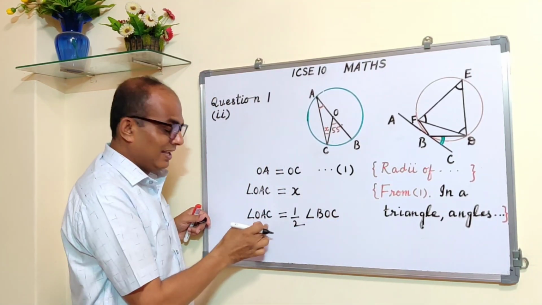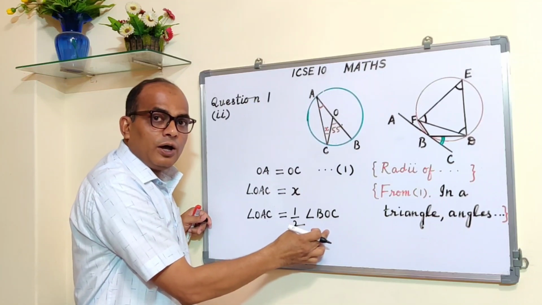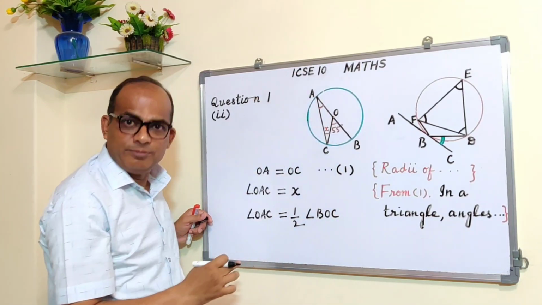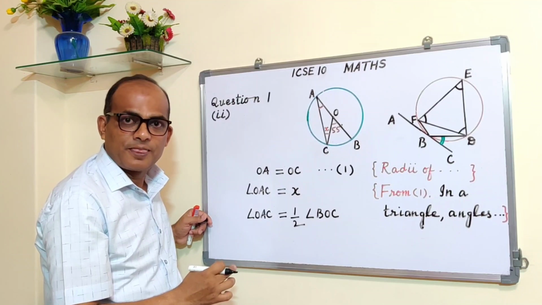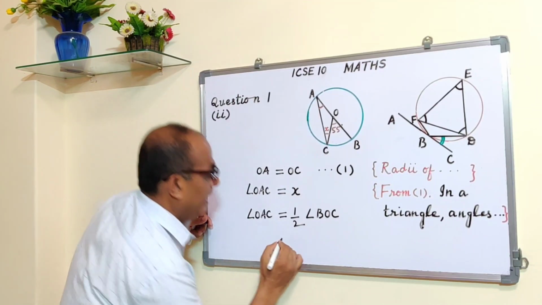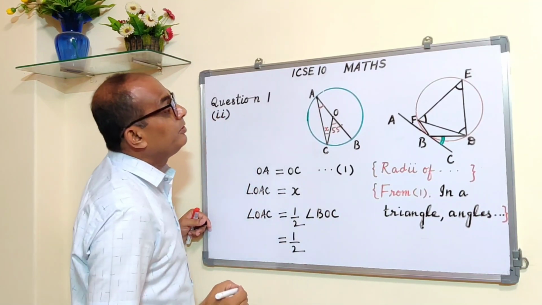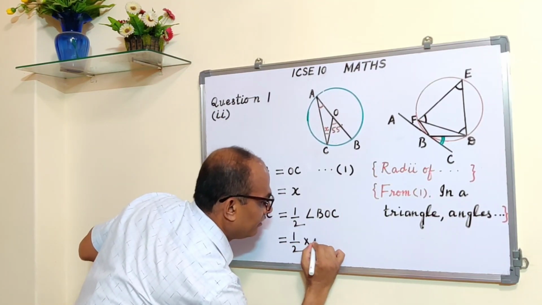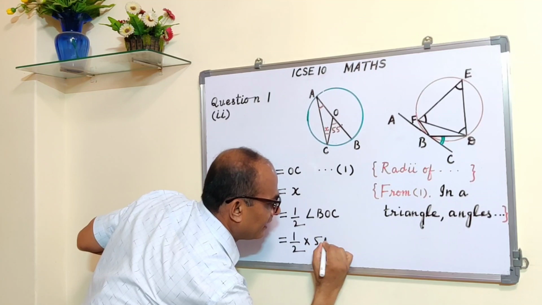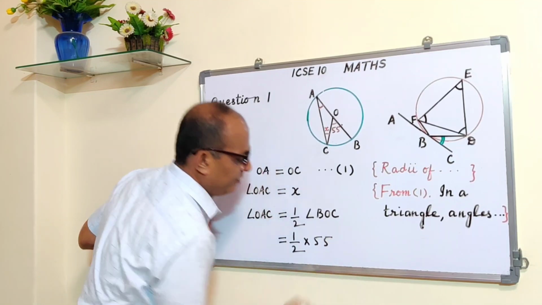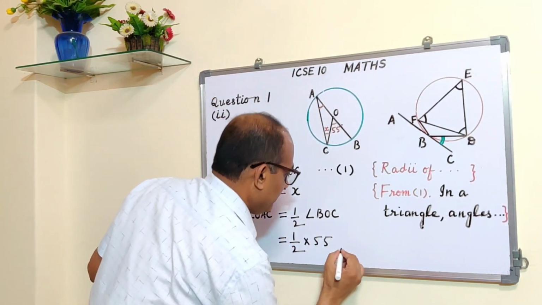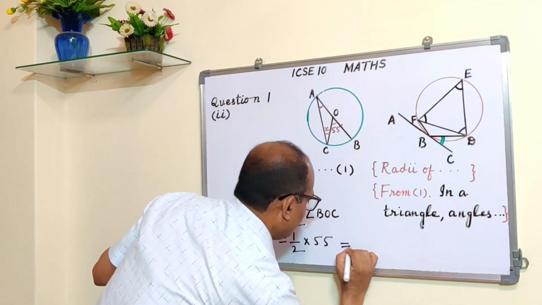BOC is twice the angle made by the same arc at any point on the remaining part of the circle. Fine? Okay. And then we can write half angle BOC is 55, so half into 55 degrees.